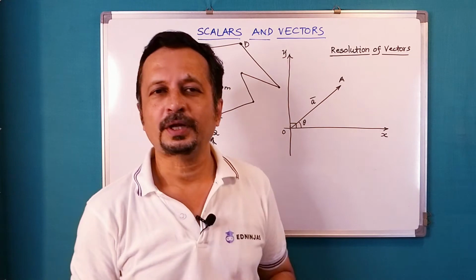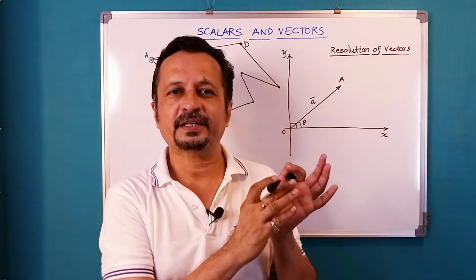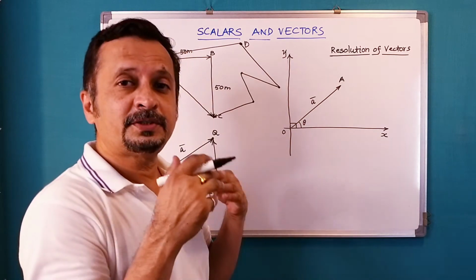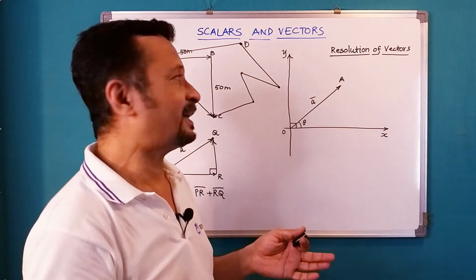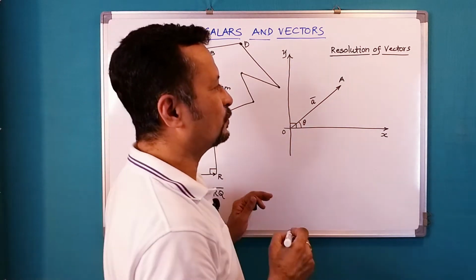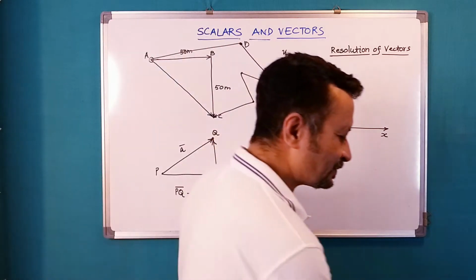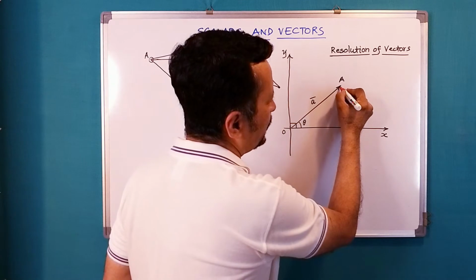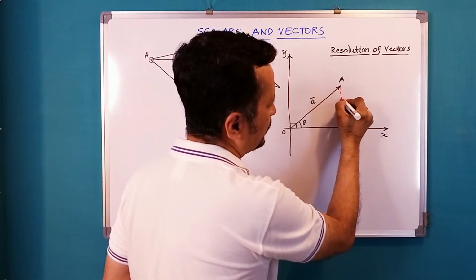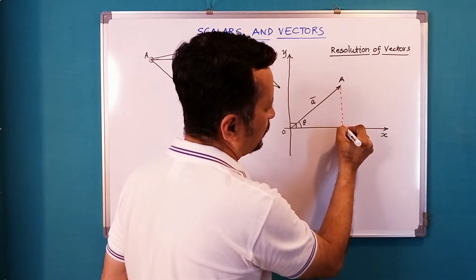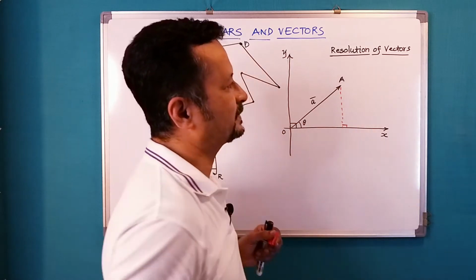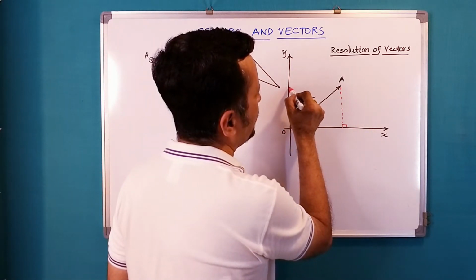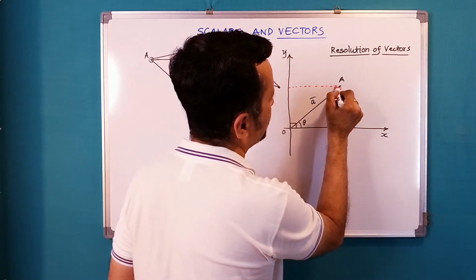Now I want to resolve this vector into rectangular components. Rectangular components means component along x axis and component along y axis. So what I am going to do is, from point A I draw a perpendicular on x axis, and from point A I'll draw a perpendicular on y axis.